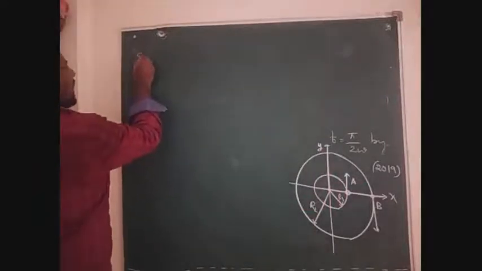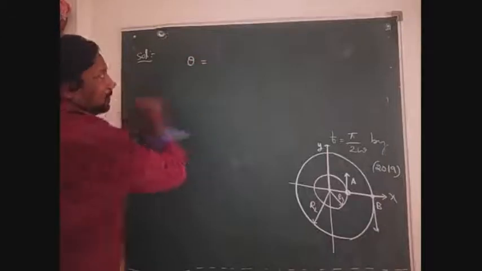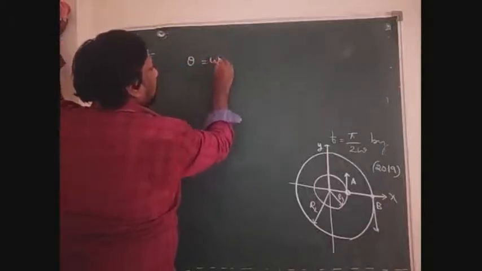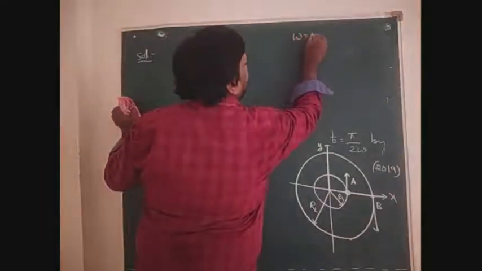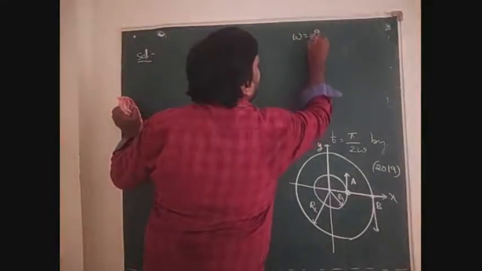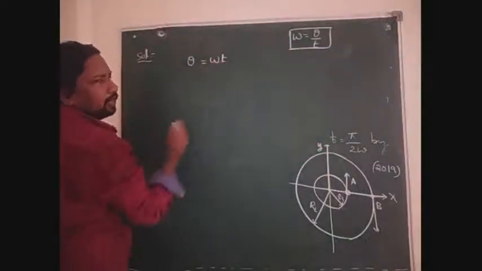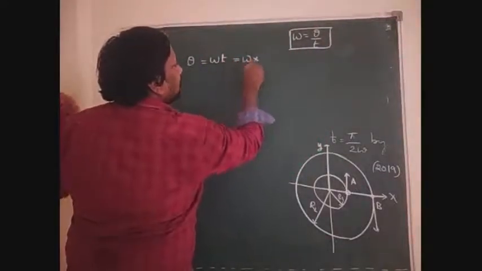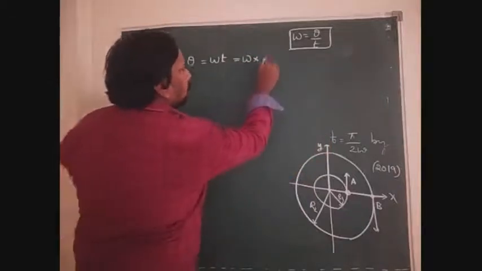Here angle theta equal to omega into t. Angular velocity omega equal to theta by t, so theta equal to omega into t. Small t is given as 5 by 2 omega.